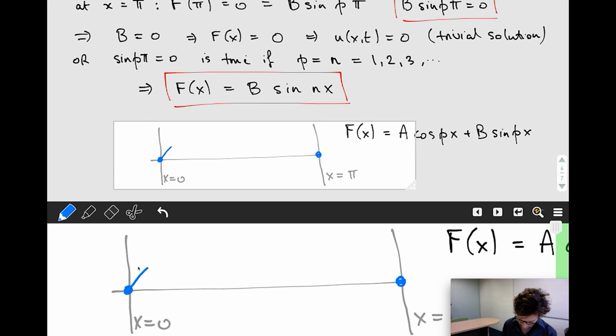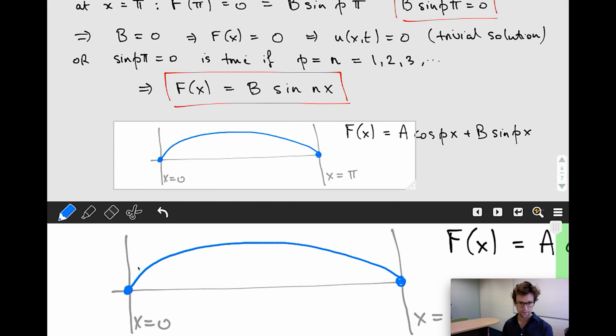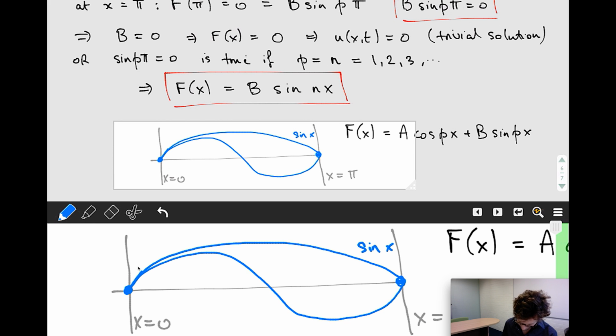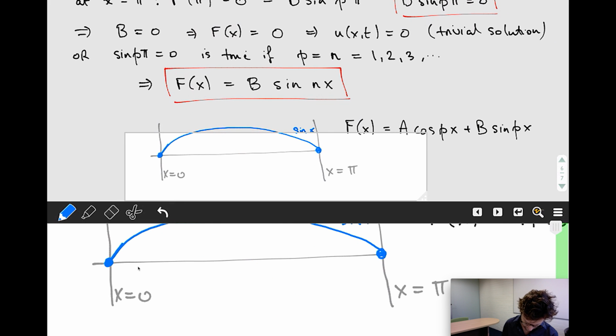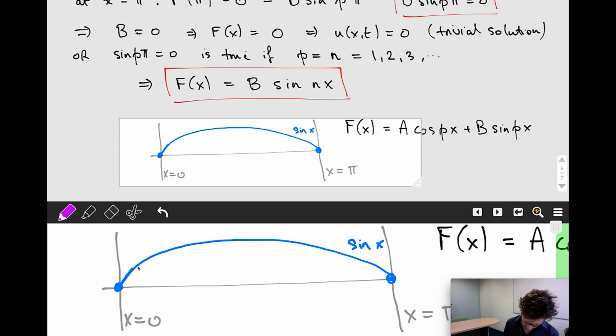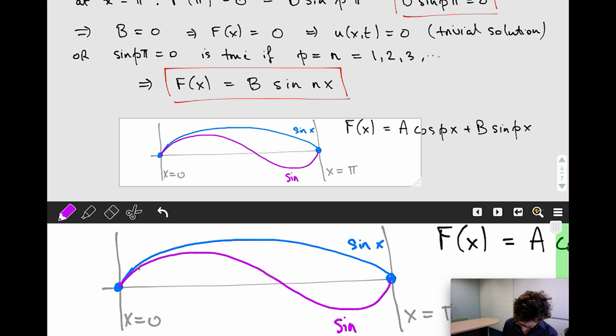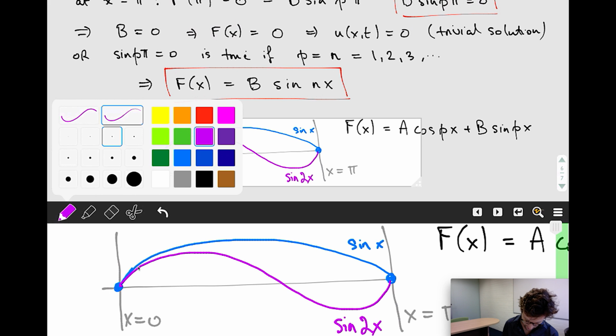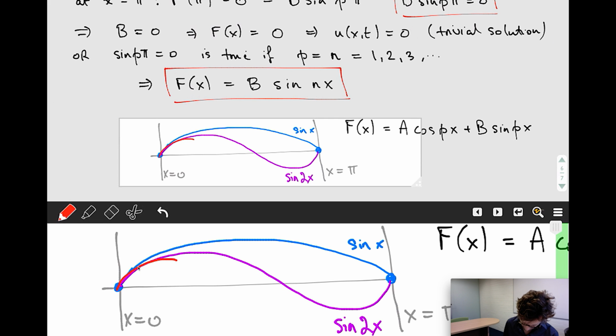Well, I could have sine of x. I could have sine of 2x. Let's use a different color for that one. I could have sine of 3x. And so on.